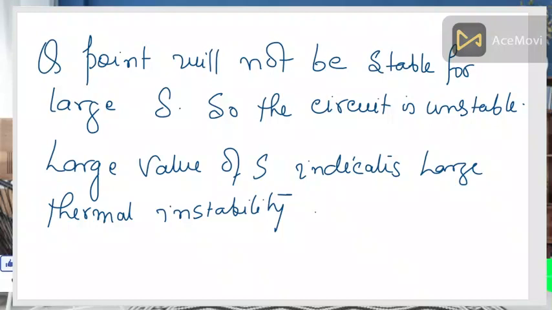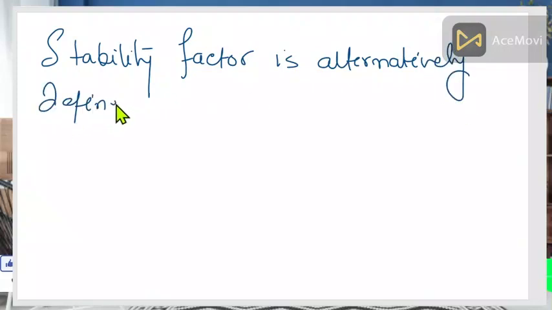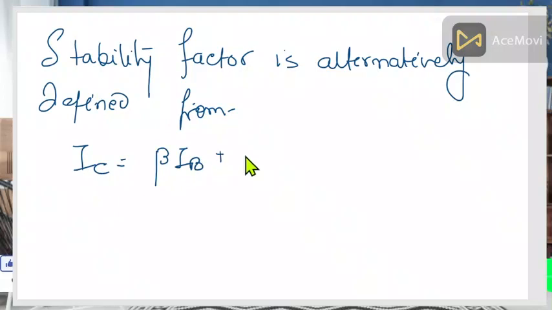Now the stability factor has an alternative expression, defined from the equation IC equals beta times IB plus 1 plus beta times ICO.